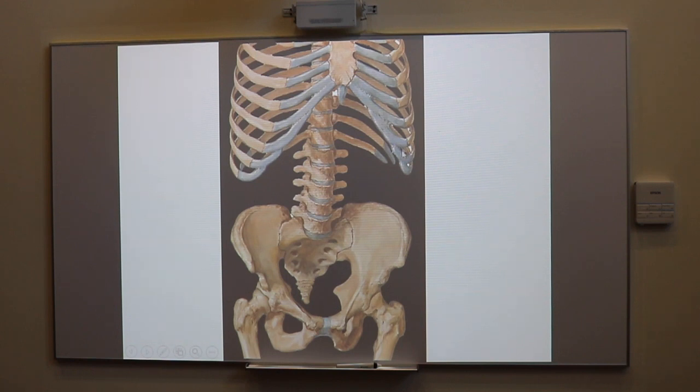So there are three things I'm looking for here: costal margin, spine, and the hip bone. The crest, ending in the anterior superior iliac spine, and another crest ending laterally in the pubic tubercle.